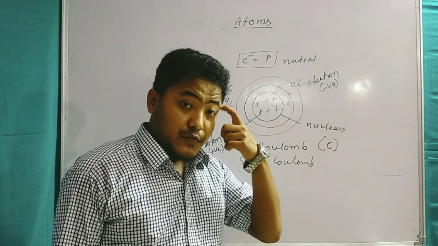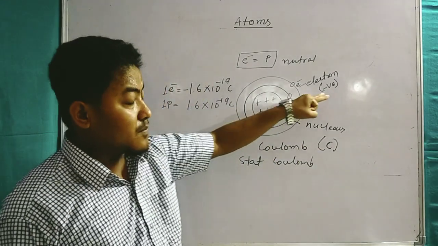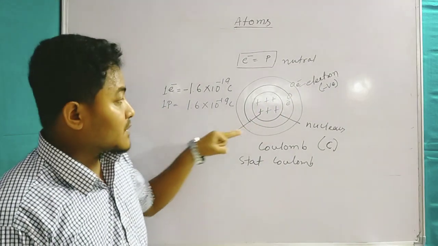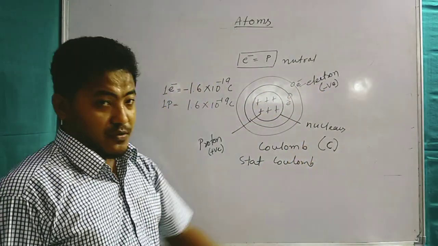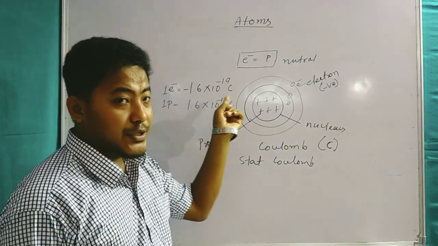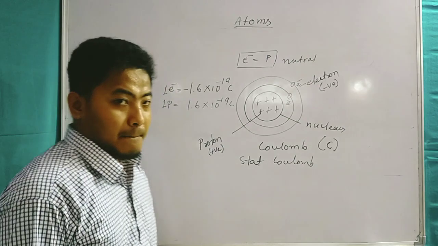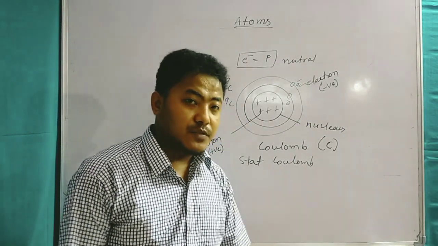There are two types of charge: positive charge, which is the proton, and negative charge, which is the electron. The charge of one electron is 1.6 into 10 to the power minus 19 coulomb in magnitude. This numerical value should be remembered for numerical problems.